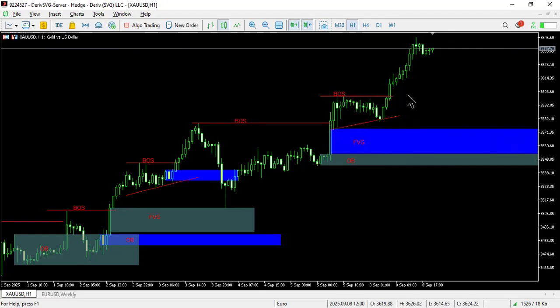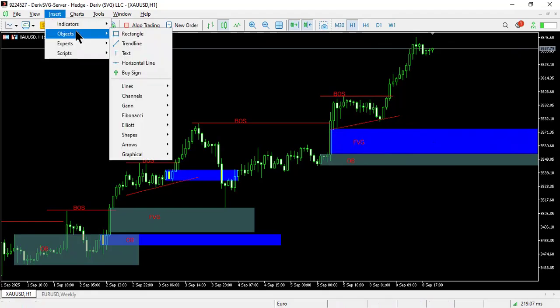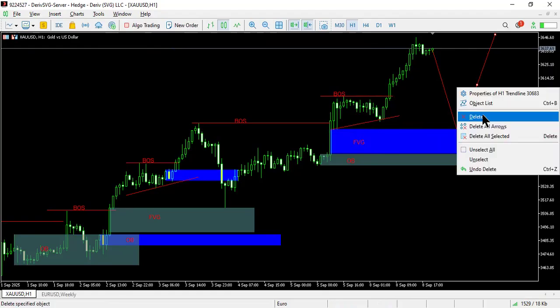So I'm going to put a buy limit on gold because I am expecting price to come back and sweep this liquidity, tap us into the FVG order block and then continue pushing upwards. So that's what I'm expecting on gold.